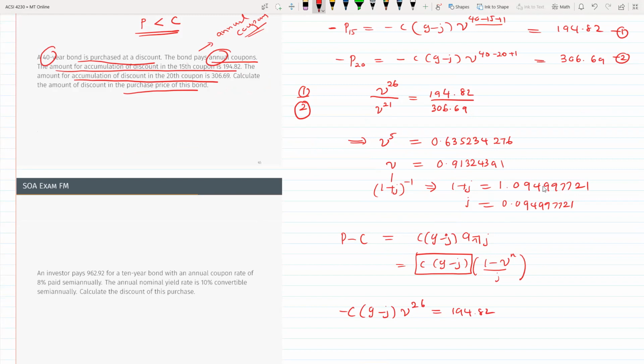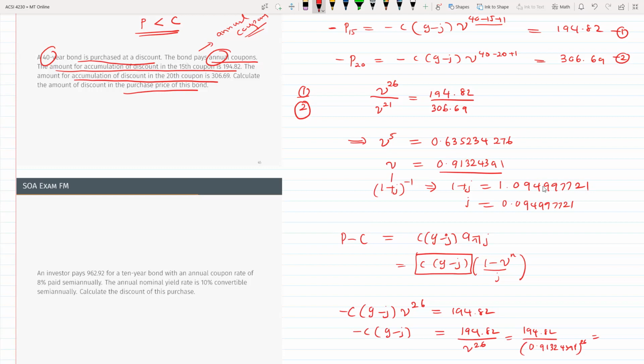194.84. That would say negative C times G minus J is going to be 194.82 divided by V to the 26. We already know this one. So if I use that to the power 26, 0.91324391 to the 26.